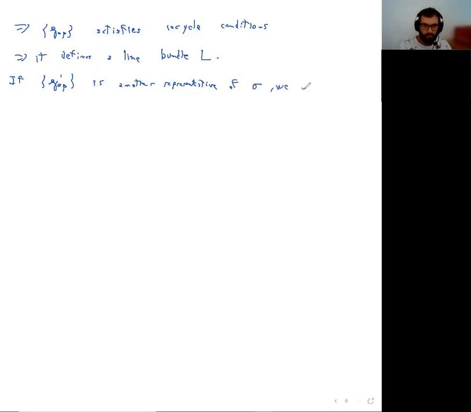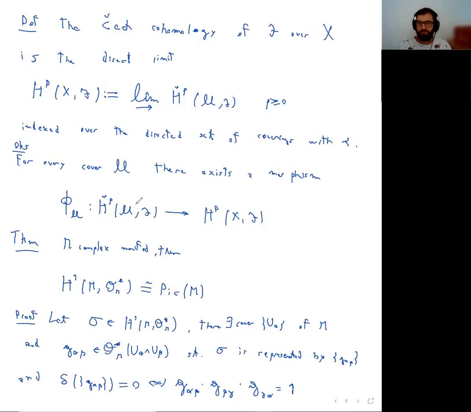First of all, we can assume that they are defined on the same cover, meaning g_alpha_beta and g_alpha_beta prime. This we can do by the property of the direct limit.